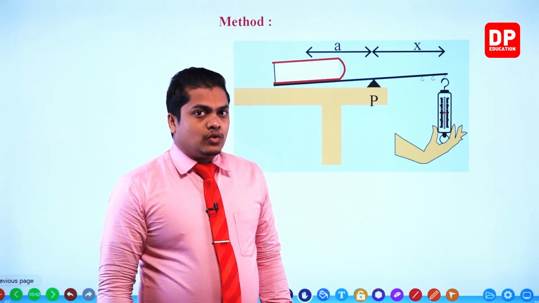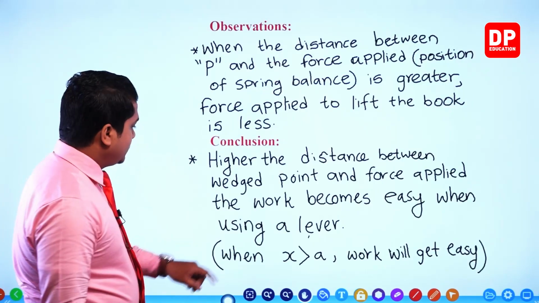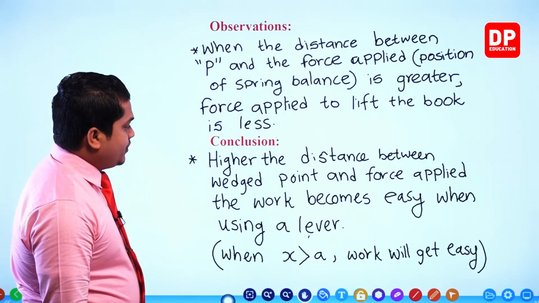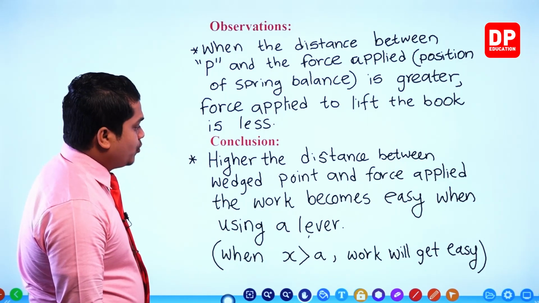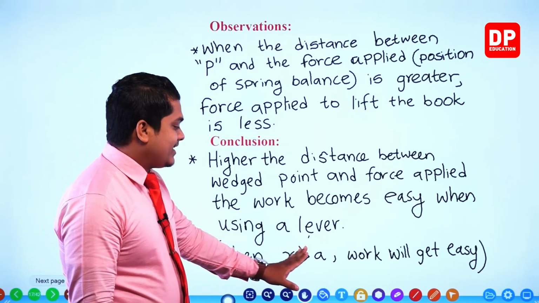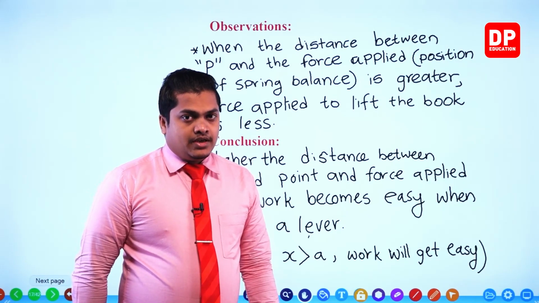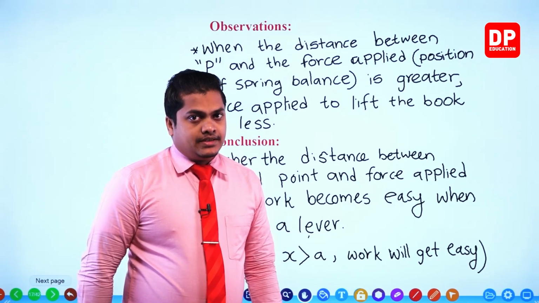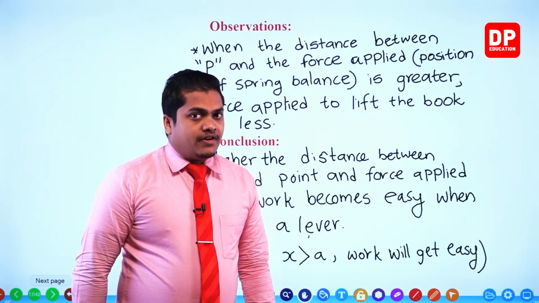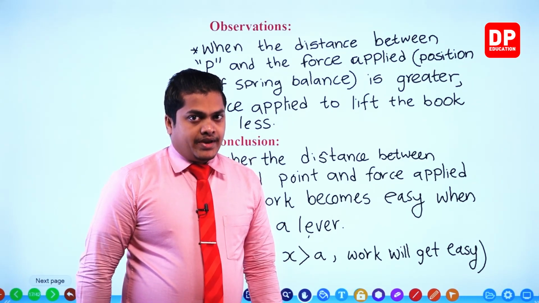That is the final conclusion that we took from this activity. See? So higher the distance between wedged point and the force applied, the work becomes easy when using a lever. That means, my dear children, when x is greater than a, work will get easy. Okay, the work will get easy. So this is our final conclusion from the activity, right?